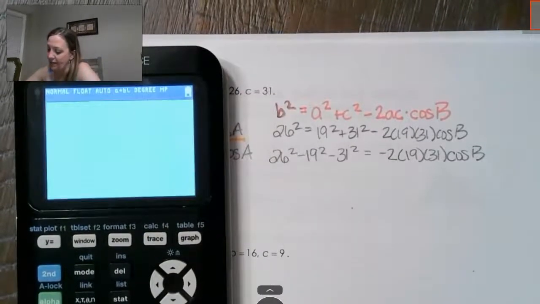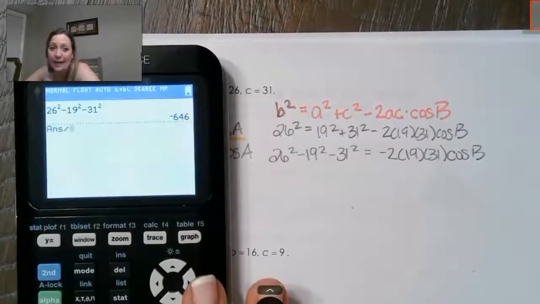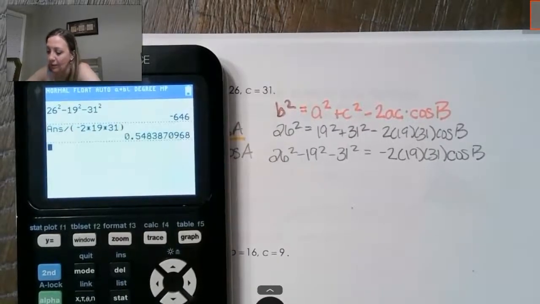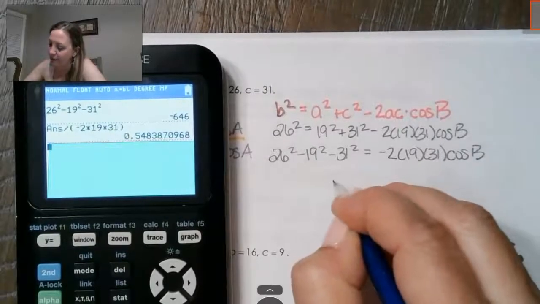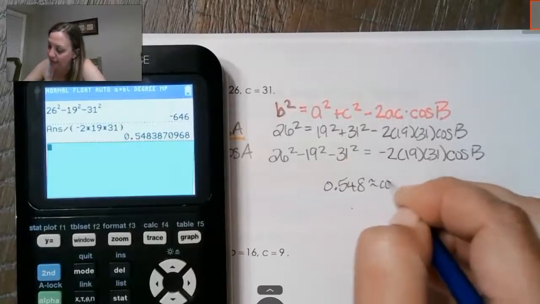If you take 26 squared minus 19 squared minus 31 squared, get that answer, and then divide it by, the only thing is you have to put it in parentheses, negative 2 times 19 times 31, I'm okay if you skip that step and jump right to 0.548 is about the cosine of B.